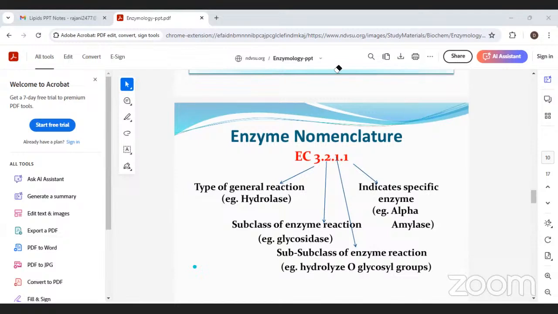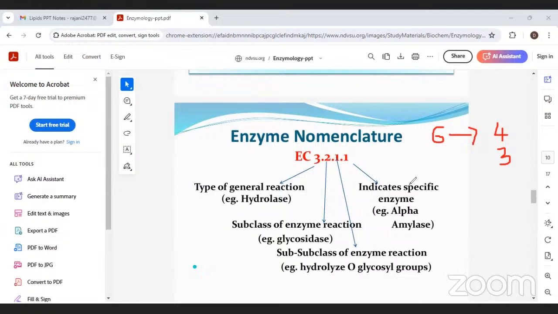They are divided into 6 major classes, each with 1 to 4 subclasses. The enzyme name has 2 parts.